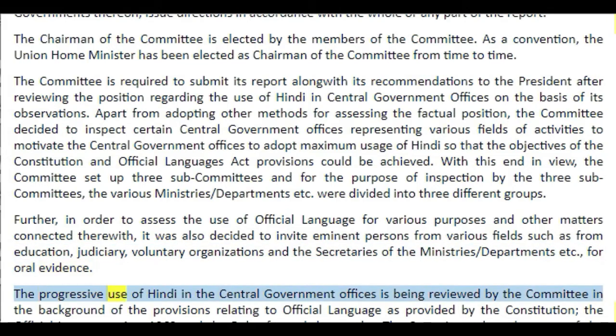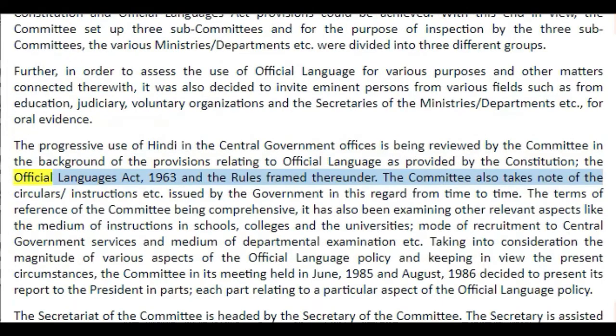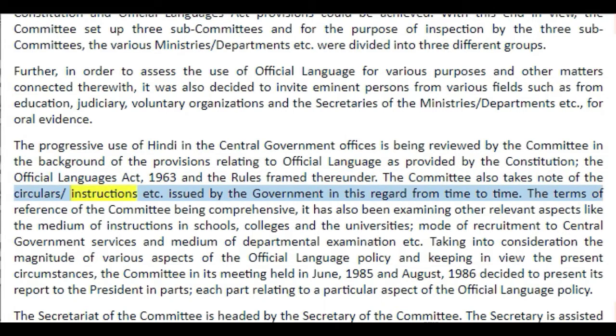The progressive use of Hindi in the central government offices is being reviewed by the committee in the background of the provisions relating to official language as provided by the Constitution, the Official Languages Act, 1963, and the rules framed thereunder. The committee also takes note of the circulars, instructions, etc. issued by the government in this regard from time to time.